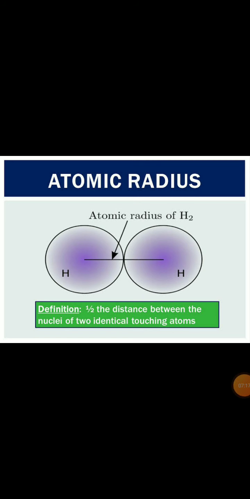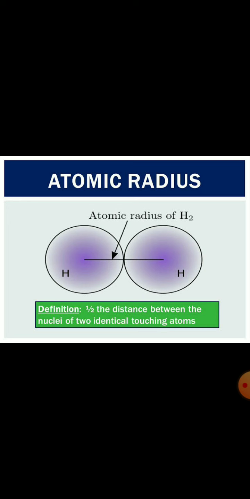And the atomic size may be visualized as the distance between the center of the nucleus and the outermost shell of an isolated atom, as I already said. Here we have taken the example of hydrogen. So the atomic radius of hydrogen is 37 picometer. The unit for defining atomic radius is picometer, pm.